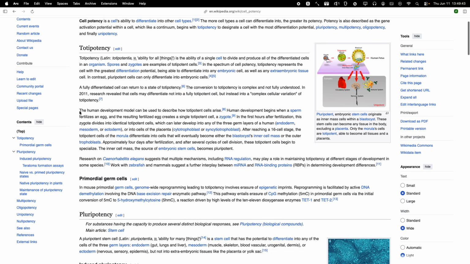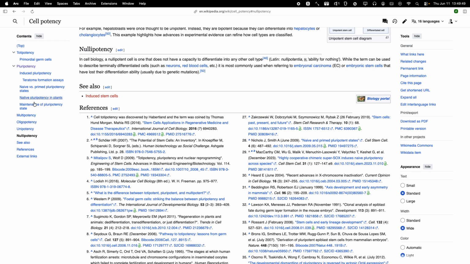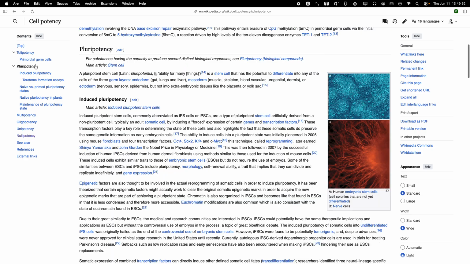Pluripotency is the ability to turn into any of the cells of the three germ layers, but not into extra-embryonic tissues like placenta or roots. Okay, that's good to know.